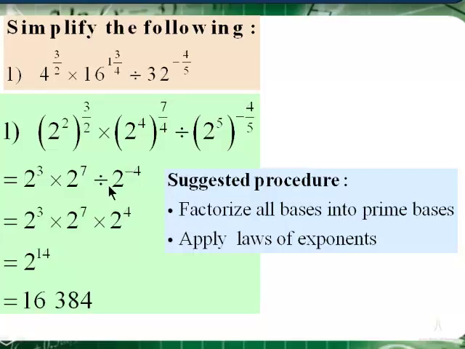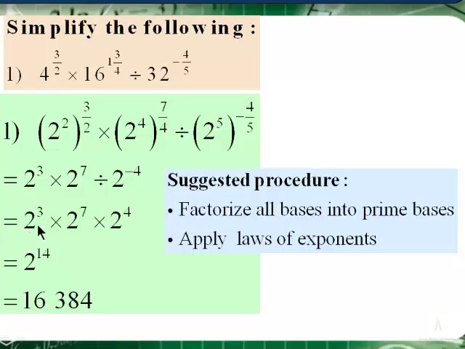Why can I do this? Because if you divide by 2 to the power minus 4, this 2 to the power minus 4 is really below the line. So it's part of the denominator. So if I multiply, I take it to the numerator position and thereby simply change the sign of the exponent.